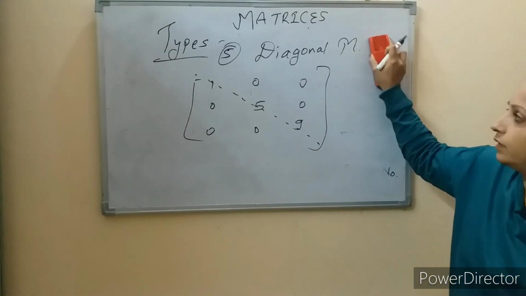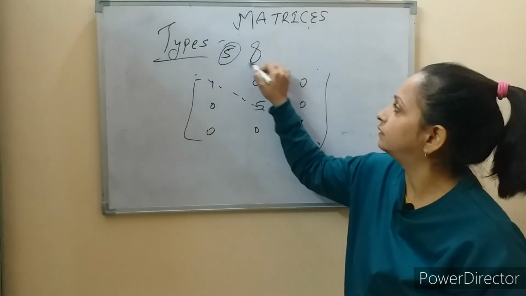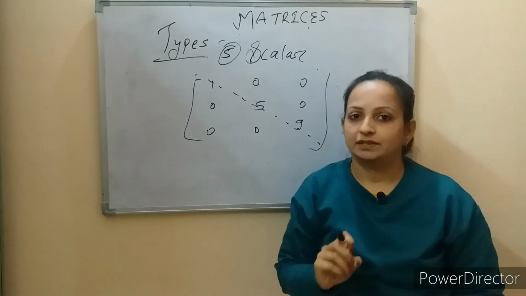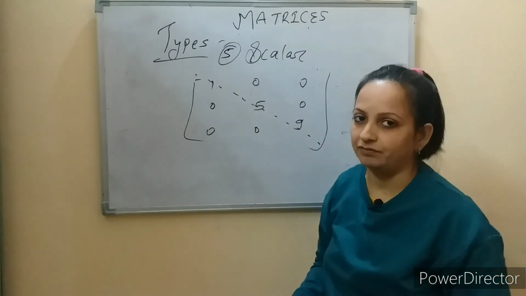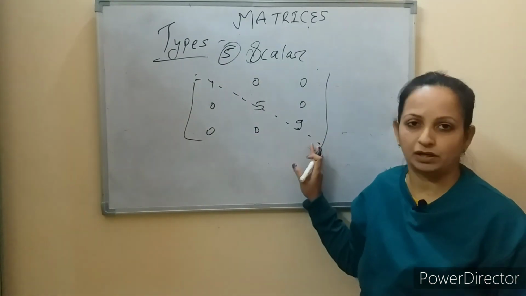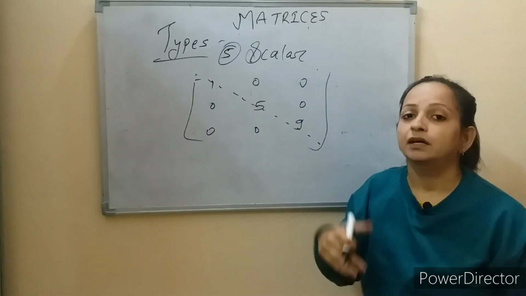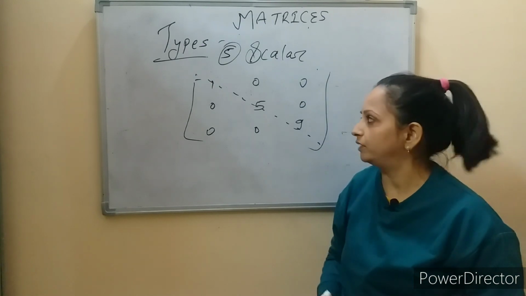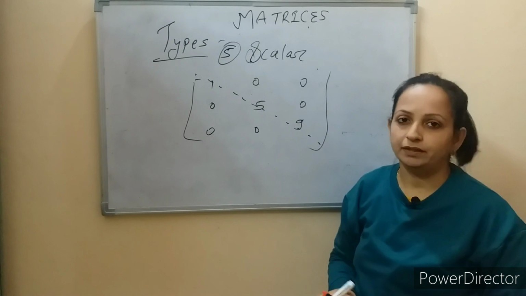Okay, so the next type of matrix is called scalar matrix. Now listen carefully, the definition is a revision of the previous definition, that is, we are having a square matrix, we are having elements in the diagonal only, but the elements should be the same. One more condition we are adding to the previous definition, that these 3 elements should be the same.